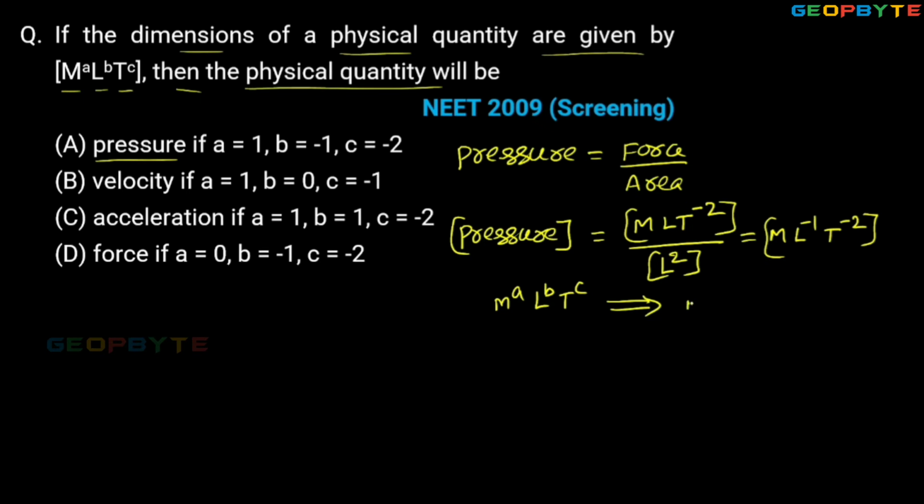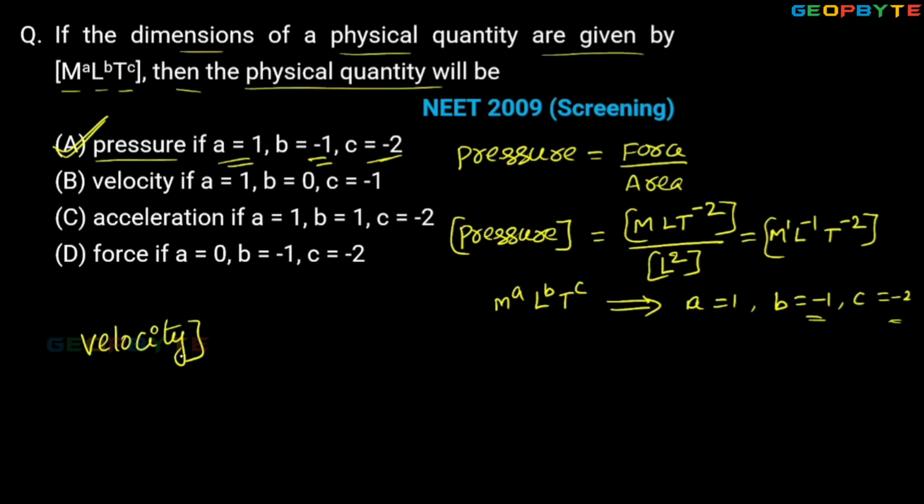From this I can write a equal to 1, b equal to minus 1, and c equal to minus 2. a equal to 1, b equal to minus 1, c equal to minus 2. Option A itself is absolutely correct. Whereas for velocity, you know velocity.